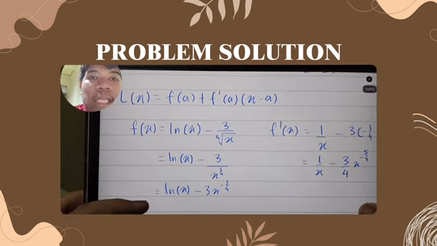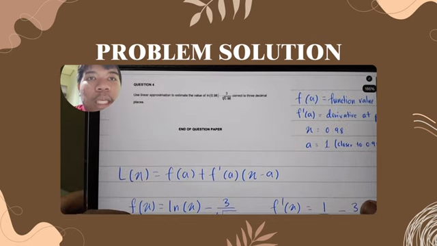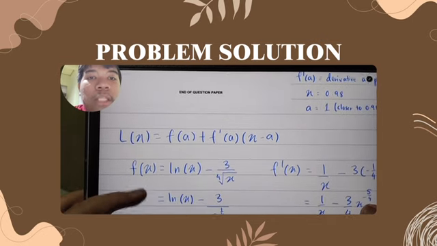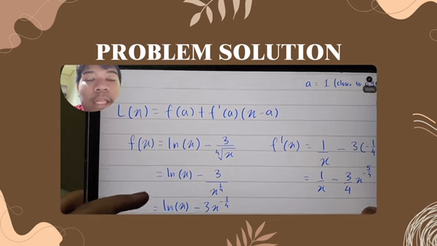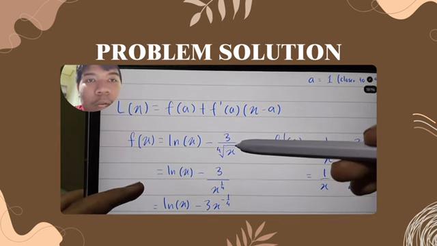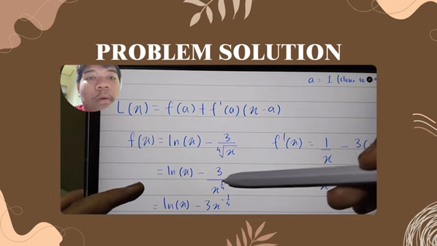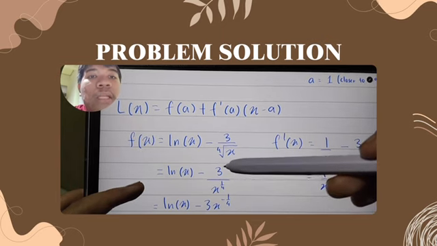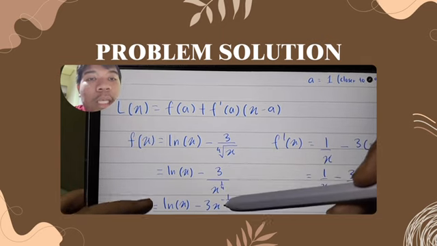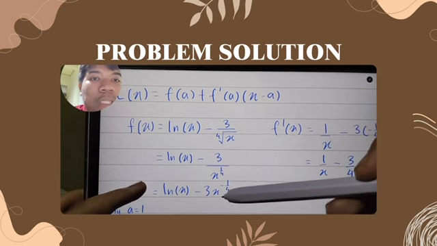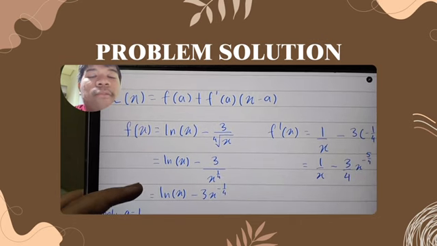So to find f(x), we just need to rewrite the equation and change the value into x. And then we can rewrite the fourth root of x into x to the power of 1 over 4, and rewrite this again so that it becomes 3x to the power of negative 1 over 4.